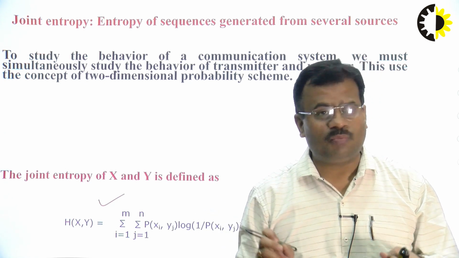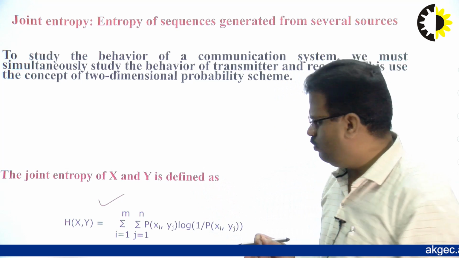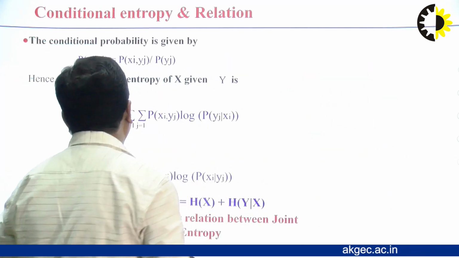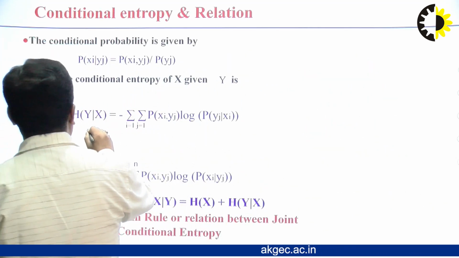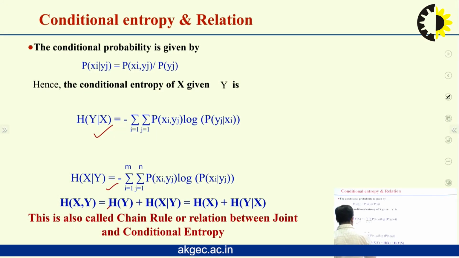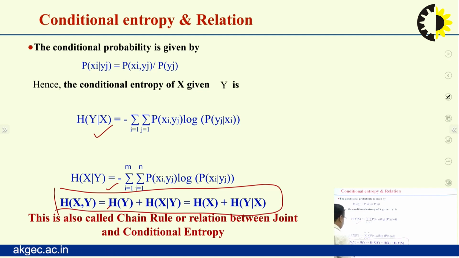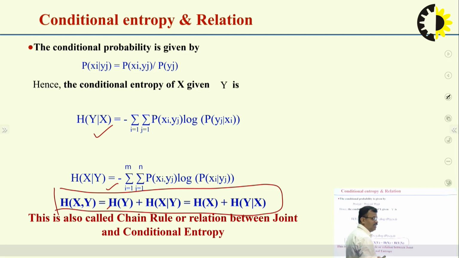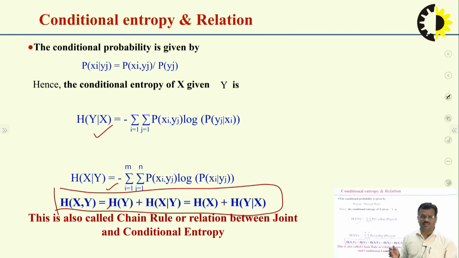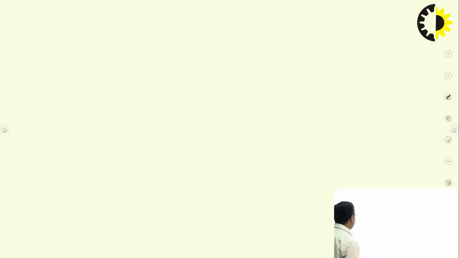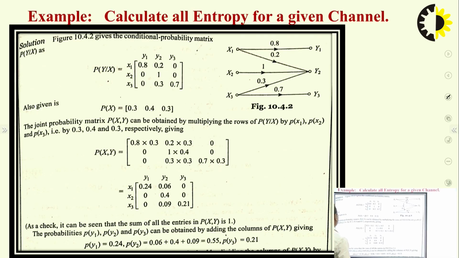If you have the joint probability matrix, you can easily calculate H(x,y). Then the conditional entropies formula, and the relation between the different entropies: H(x,y) is equal to H(y) plus H(x|y), or equal to H(x) plus H(y|x). This is the chain rule and shows the relation between the joint and conditional entropy. Some numericals also I can tell you.